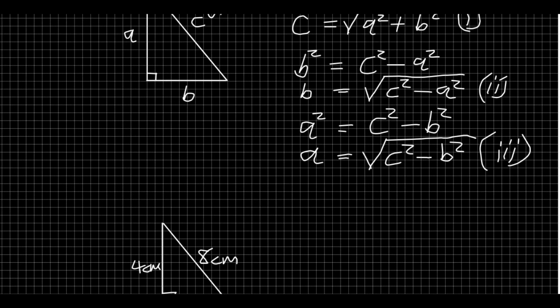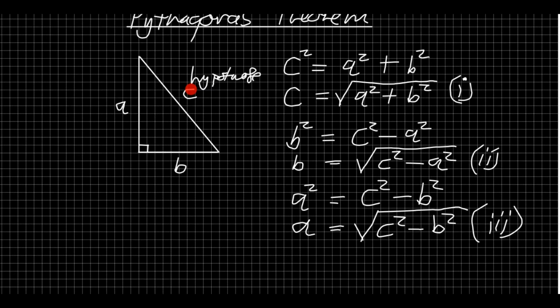In cases like this, when you're asked to find side X, you are given side C, which is 8 centimeters. I'm referring to the triangle we started working with earlier. Side C is the hypotenuse, side A is the adjacent, and side B is the opposite.